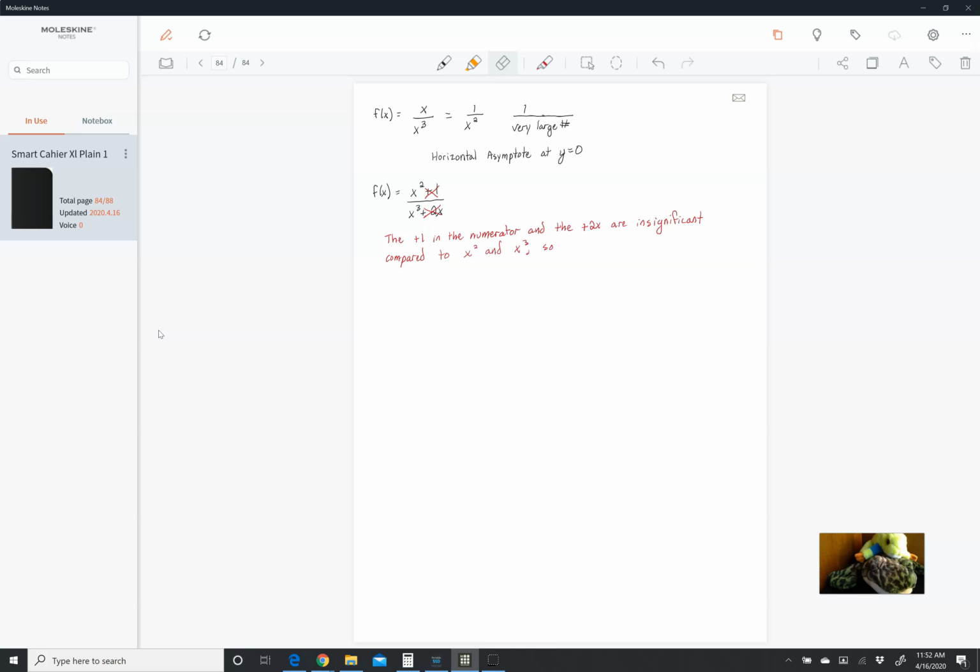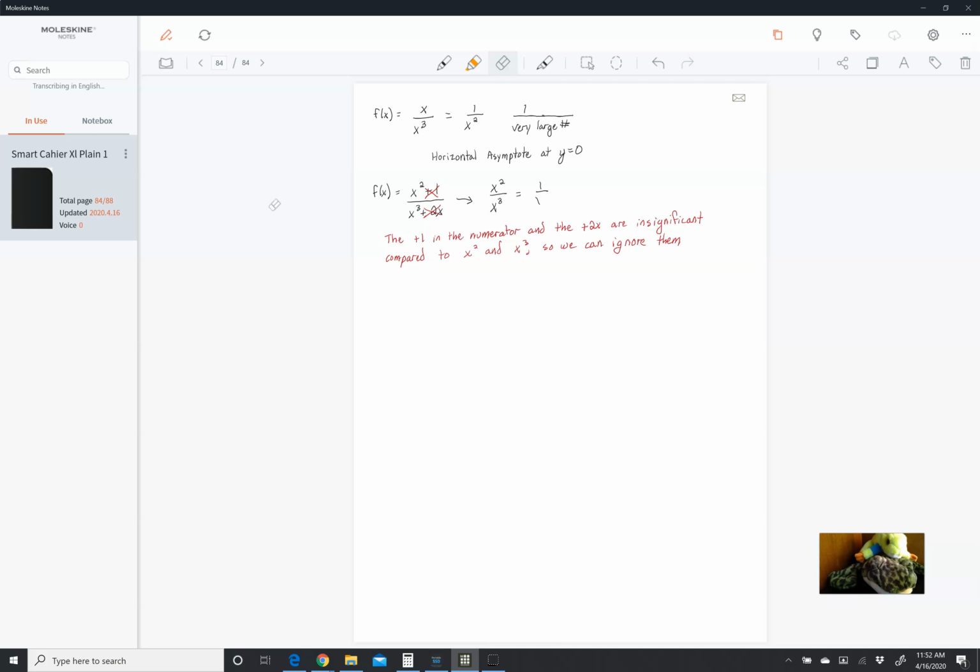So we can ignore them. So what we're saying is, hey, this is not equal to, okay? We're not using an equal sign. This is going to look the same as x squared over x cubed.